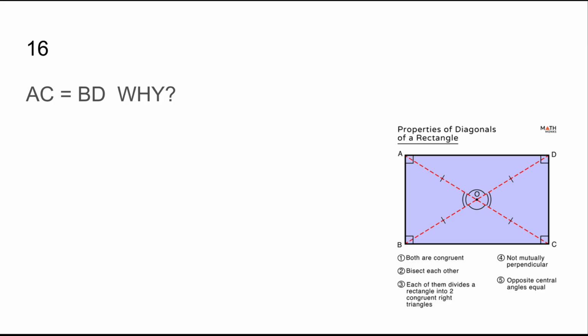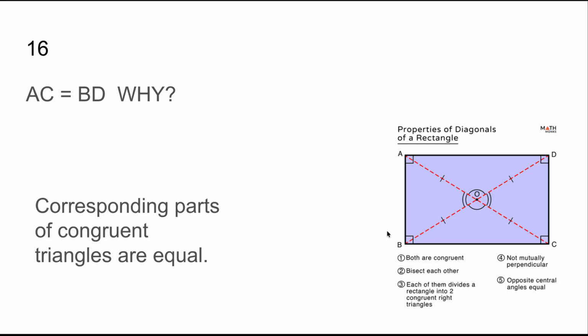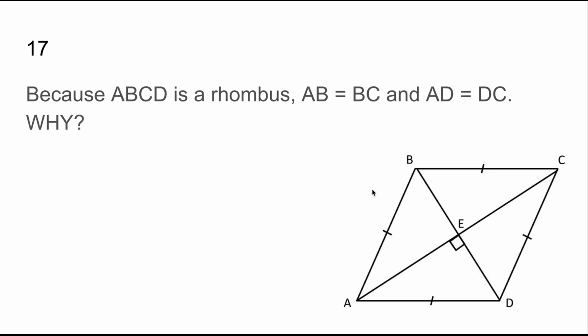AC equals BD. Let's look at this. Oh, the two diagonals. AC is equal to BD. Well, corresponding parts of congruent triangles are equal. So we already talked about these two triangles. And so therefore we know that their diagonal lines are equal because their sides and their angles are equal to the other sides.